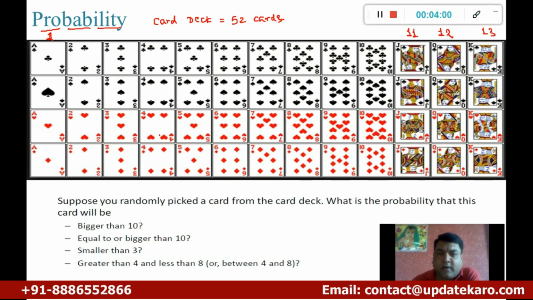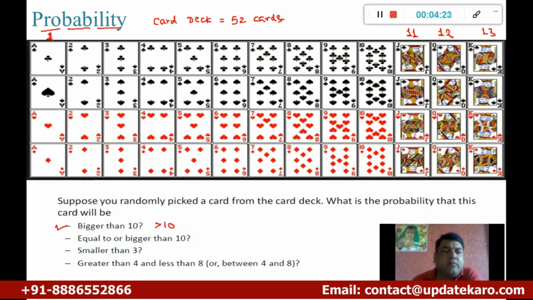So let's have some fun to learn the probability. Now the question given over here is, suppose you randomly pick a card from this card deck. What is the probability that this card will be bigger than 10, which means greater than 10?